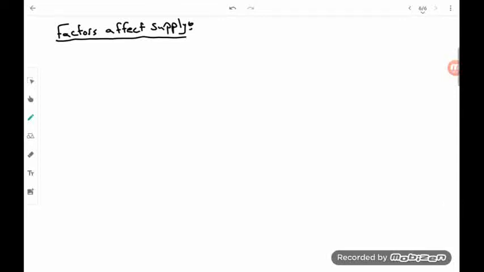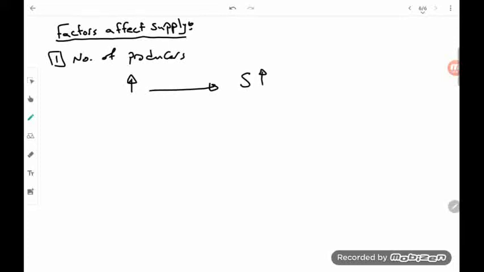Number one, number of producers. As the number of producers increases, supply is going to increase.